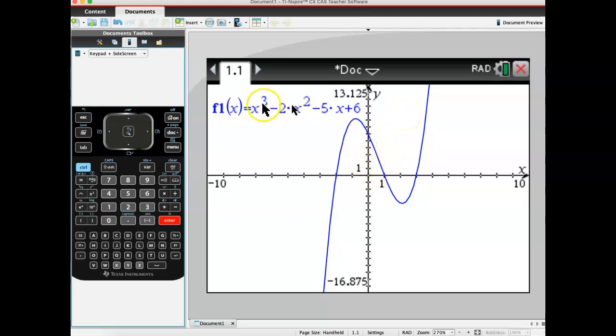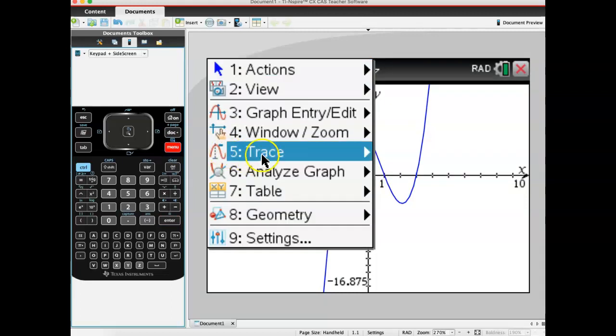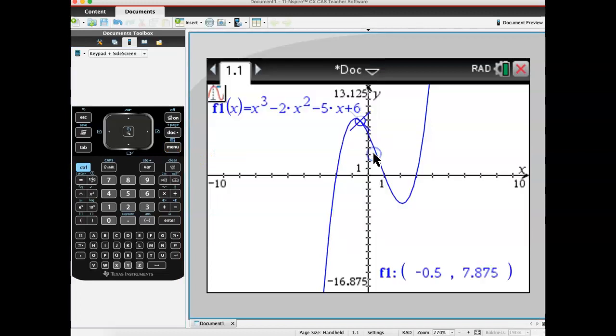Now, if I try to use my menu trace graph, that's going to show me all the spots, okay? Oh, it missed my maximum. There it gives me my maximum, gives me my y-intercept, gives me a 0, gives me my minimum, but it's squirreled right past a point of inflection. They are important points, but your calculator is not going to find them that way.